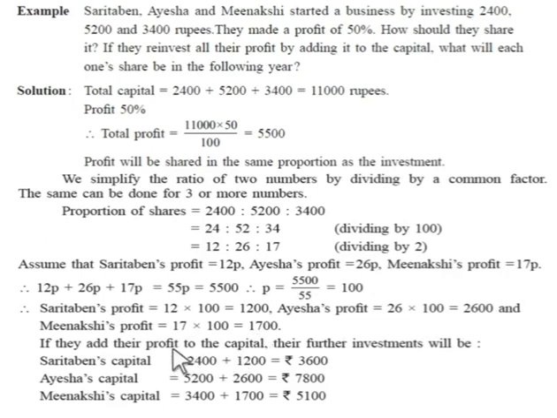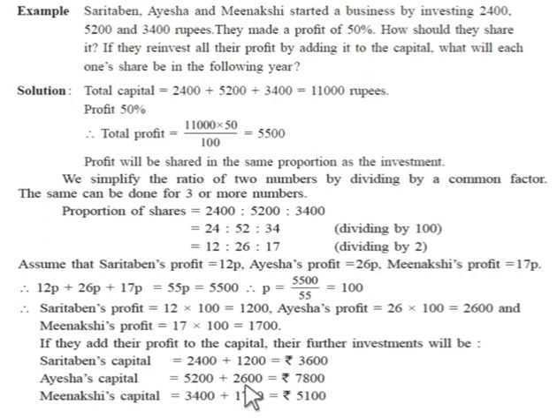Now if they add their profit to the capital, their further investment will be as follows. Here Sarita Ben's capital is 2,400 and her profit is 1,200. So now the total new capital will become 3,600 rupees. Aisha's initial investment is 5,200.